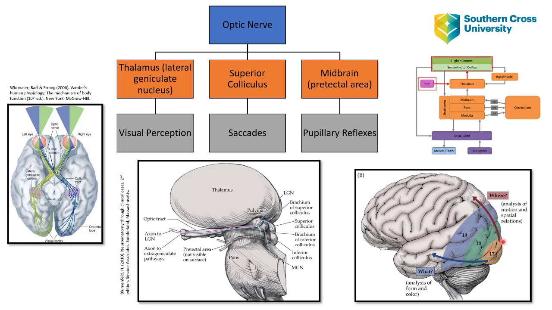Well, the where pathway then wants to combine that spatial awareness in the movement sense with the visual sense. So we're starting to create a 3D model of where we are in space, analysis of motion and the spatial relationships between ourselves, which are being processed in that parietal area, and now the environment around us.